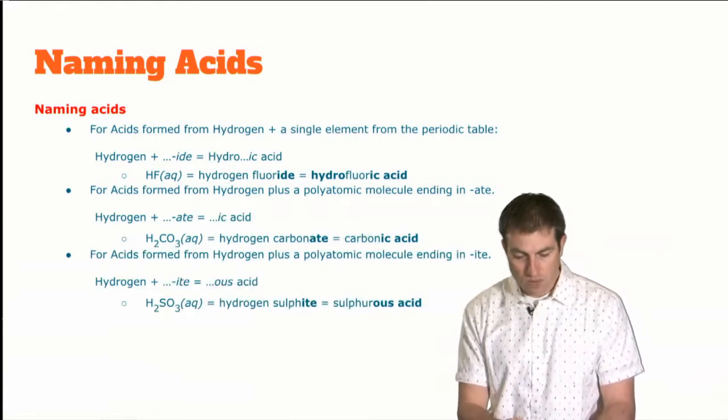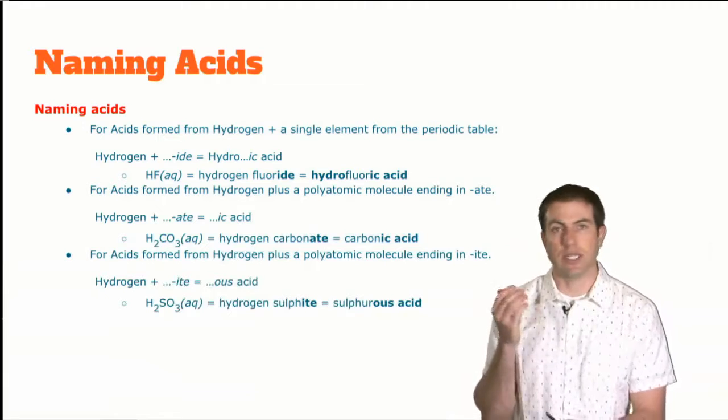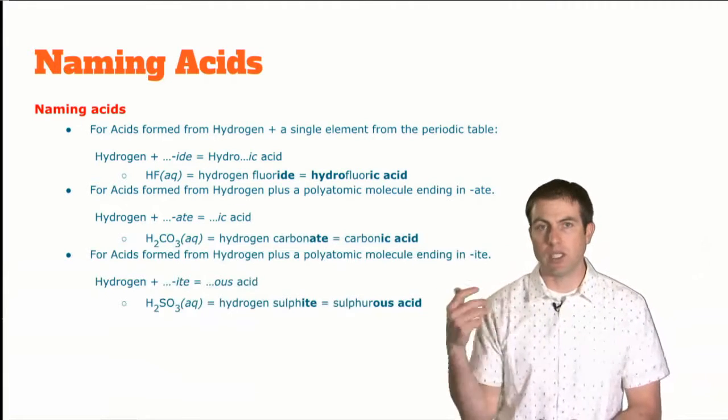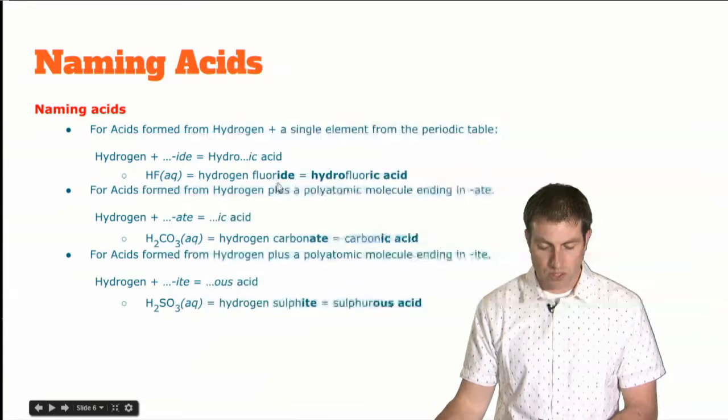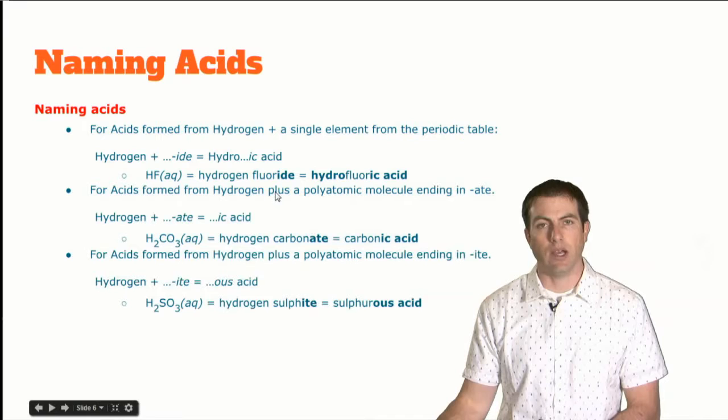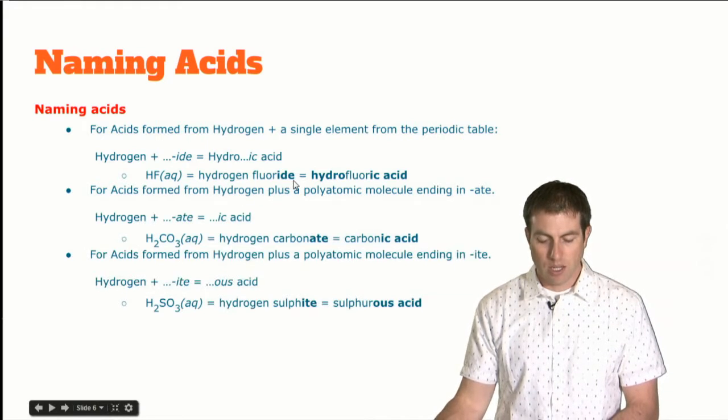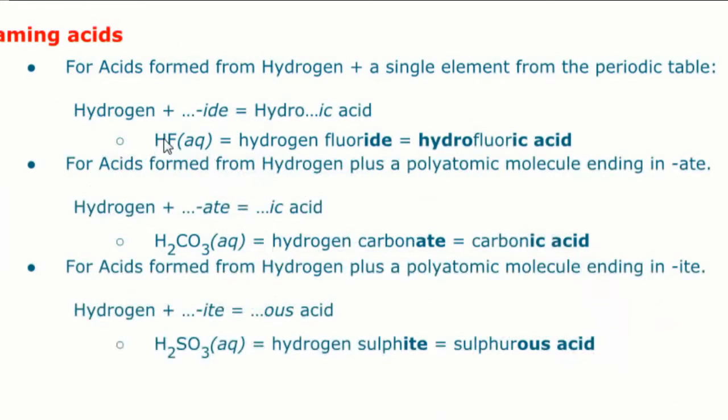If you have an acid just like HF or HCl, normally that would be hydrogen fluoride if it was just a regular ionic compound. But because it starts with an H, it's an acid, so we don't call it hydrogen fluoride. We want to recognize it as being an acid.